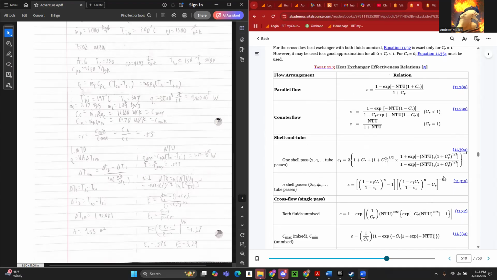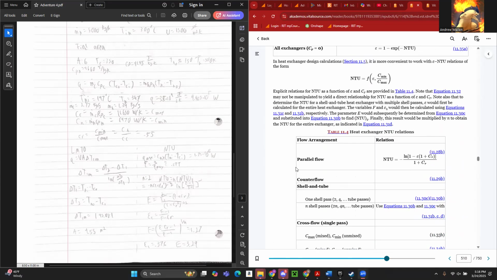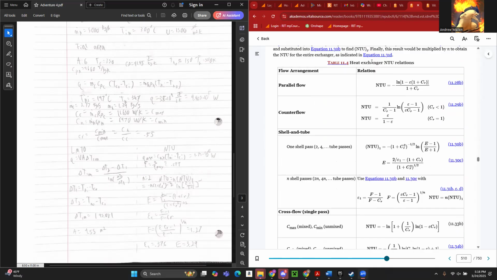Now, equation 11.31a isn't all that useful, but if we scroll down to table 11.4, this is the one that has the more useful equations.